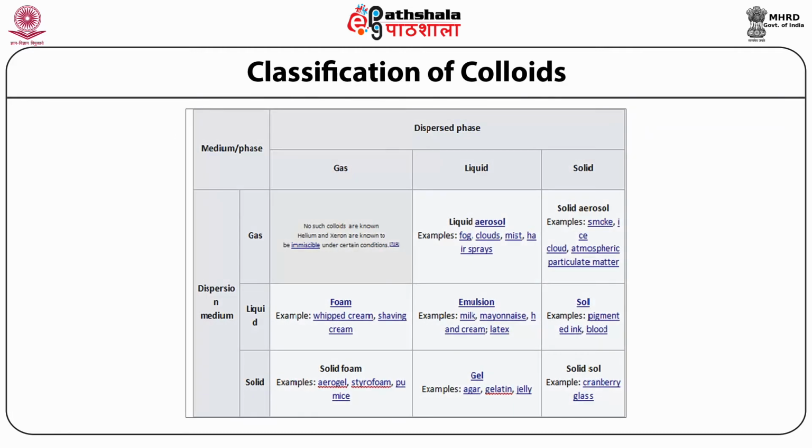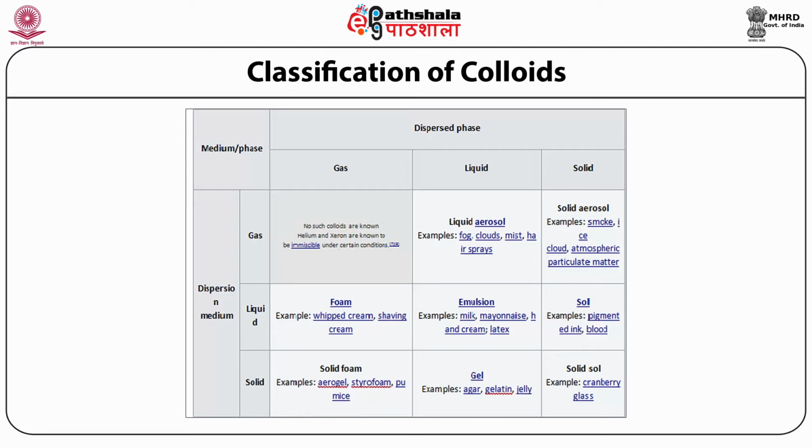The colloidal solutions are classified on the basis of medium or phase. So, the dispersion medium and dispersed phase can each be gas, liquid or solid. If the dispersed phase is gas and the dispersion medium is gas, then no such colloid is known or it cannot be formed.